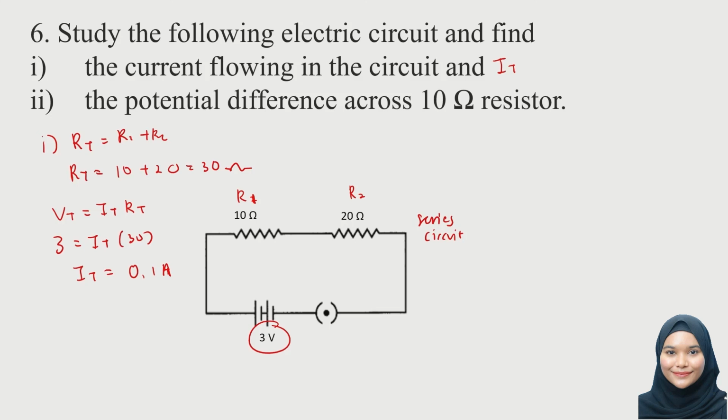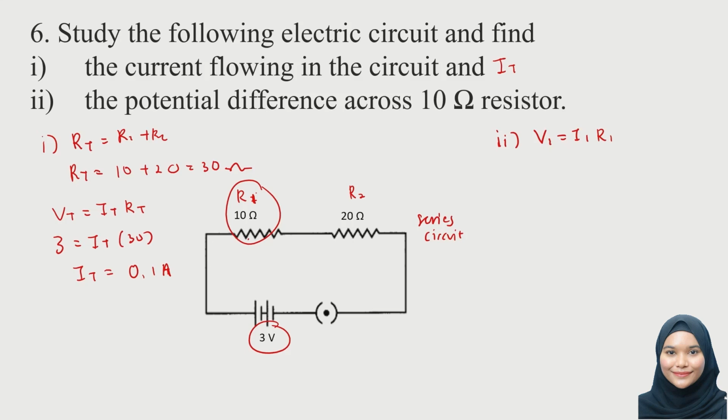Okay, next we need to look for the potential difference across the 10 ohm resistor. So it means we need to look at the potential difference across resistor 1. We can use this formula: voltage across resistor 1 equals the current that flows through resistor 1 times the resistance of resistor 1. Now, do we know the current that flows through resistor 1?